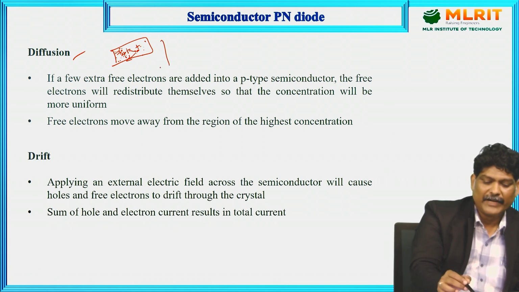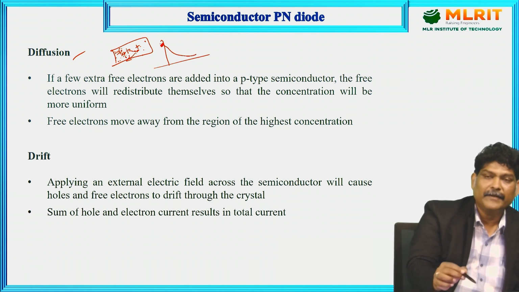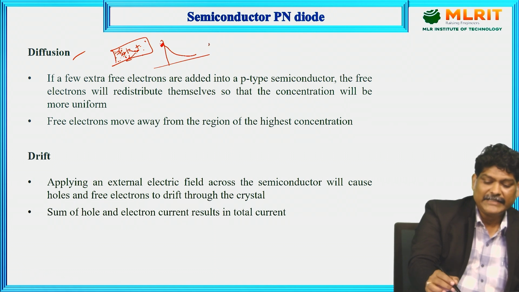For example, this is the majority charge carrier concentration, so they will move like this. So a charge carrier gradient will be present in the p-type material.